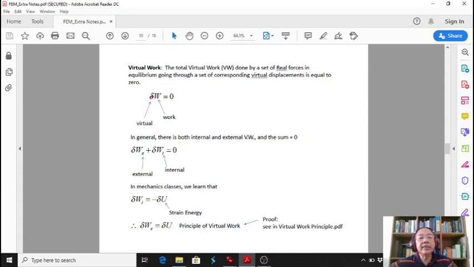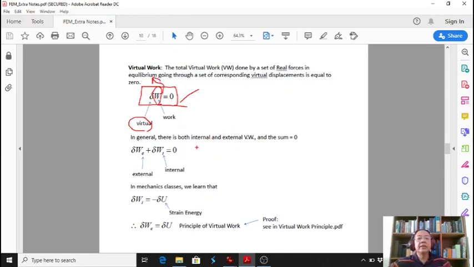We use delta to indicate virtual work, and W stands for work. So if the virtual work is equal to 0, then the structure is in equilibrium.